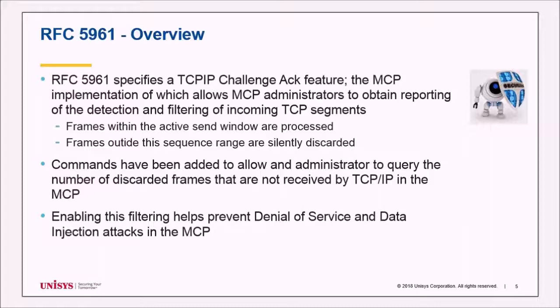And we've added the command specified by the RFC to allow an administrator to query the number of discarded frames that are not passed on to the MCP TCP/IP stack. Enabling the filtering not only defends you from data injection attacks, but also protects you against what could basically be a denial of service attack.